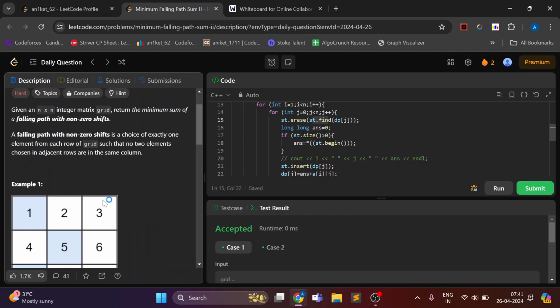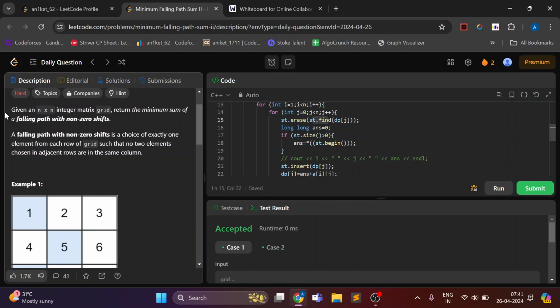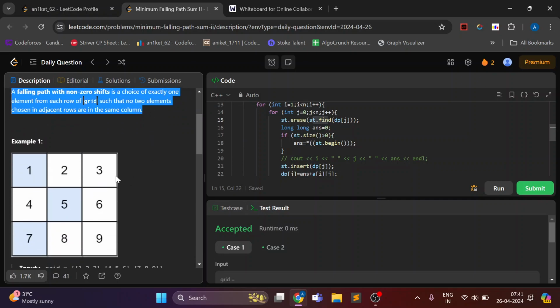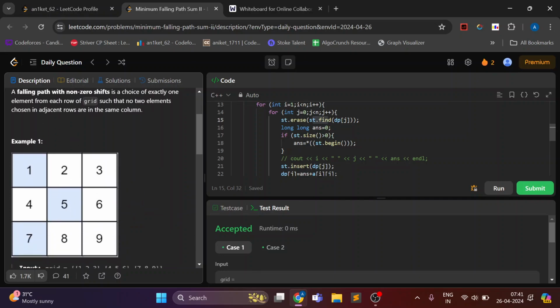First of all, my observation in this type of grid question is you always need to try all possible combinations. A greedy type of solution will not work. And the second observation here was that there should be no elements chosen in adjacent rows from the same column.